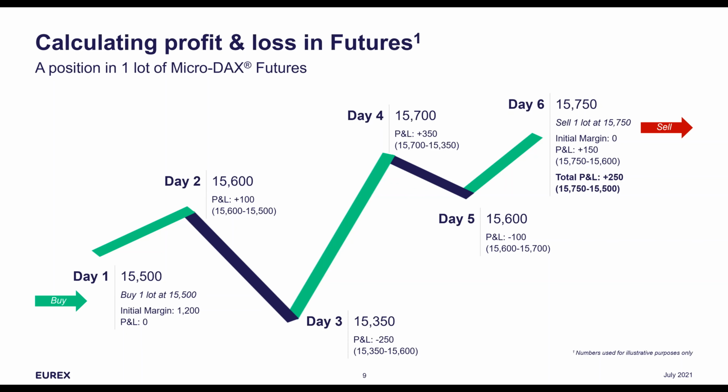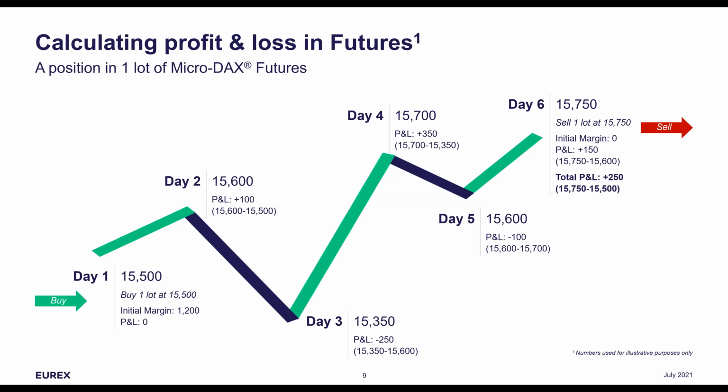You're paying the margin initially, and then at the end of the day, the broker looks at it and sees the index is 100 points up. 1 index point is 1 euro. Then your unrealized profit is 100 euros. 100 points times one euro, 100 euros.